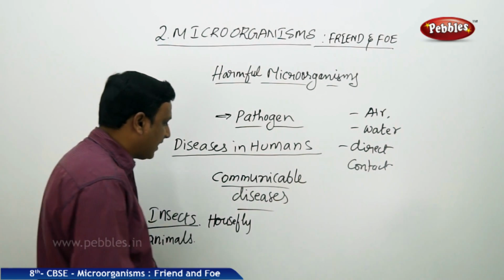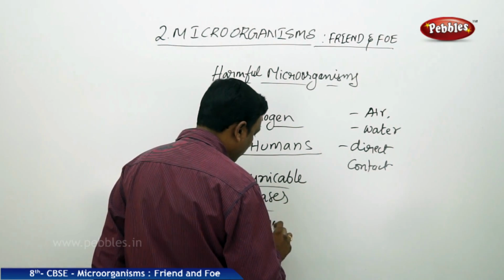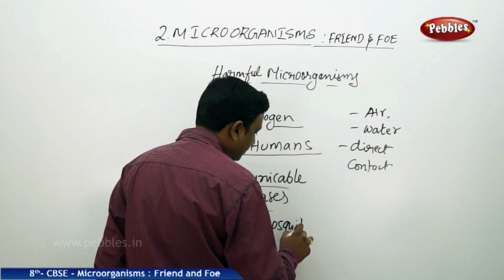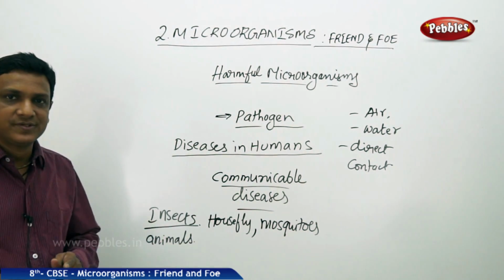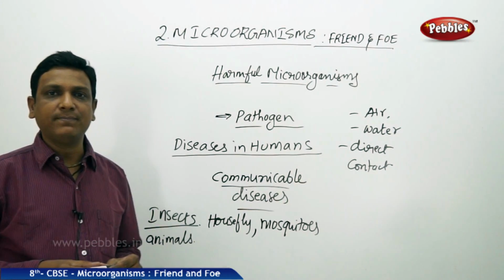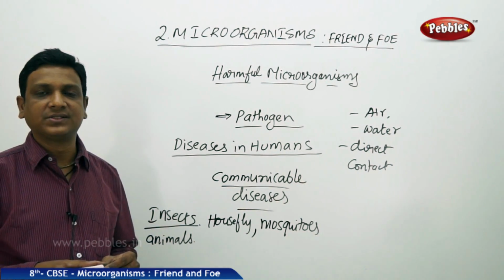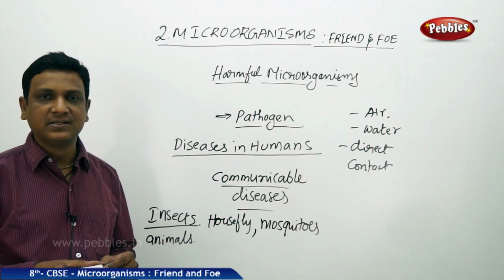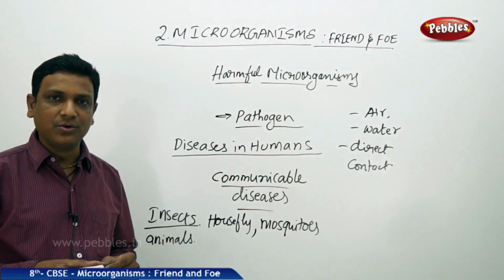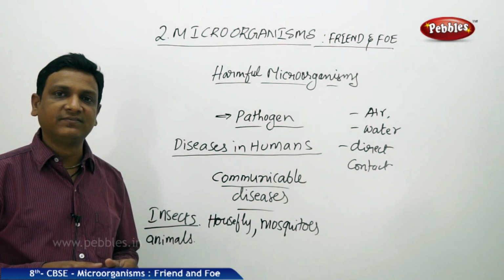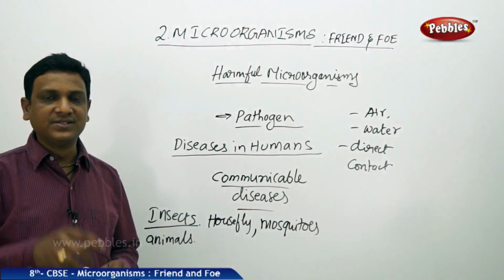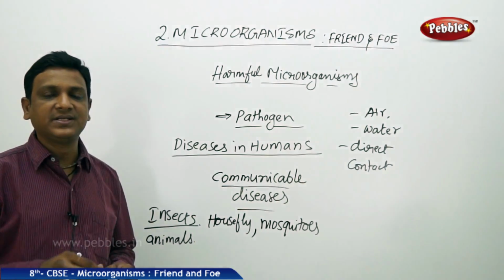So next to houseflies, another dangerous one is mosquitoes. Mosquitoes feed on the blood of humans and other animals. When a mosquito bites an unhealthy person, a person who is suffering from malaria, the malarial parasite enters the body of the mosquito.